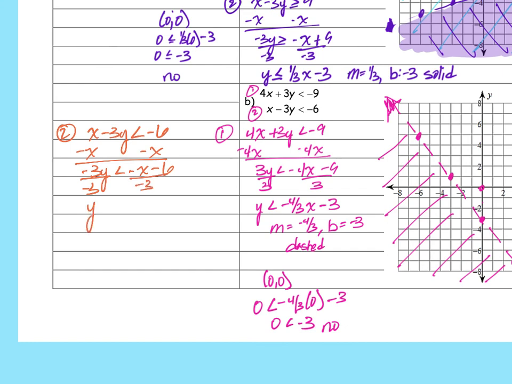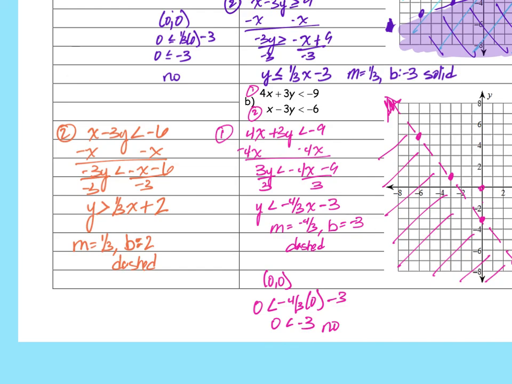This is the only thing that's different than if it was an equal sign. Because I divided by a negative number, my inequality sign flips direction. So it was less than, now it becomes greater than. And then I have 1/3 x plus 2. So my slope should be 1/3. My y-intercept is 2. And again, I have a dashed line.